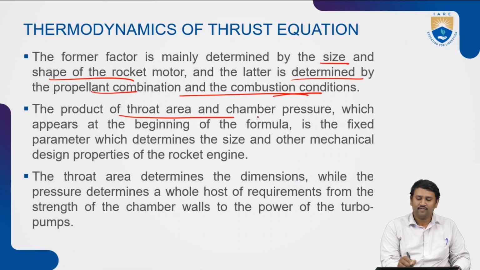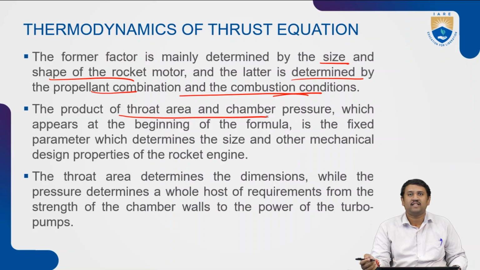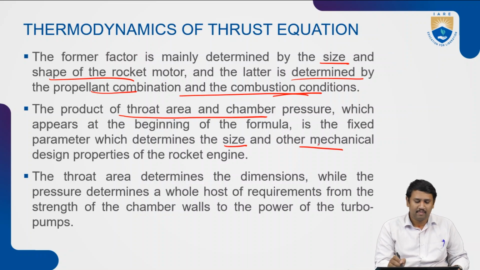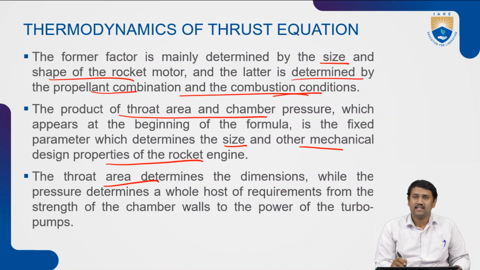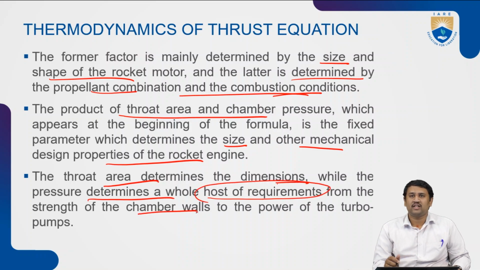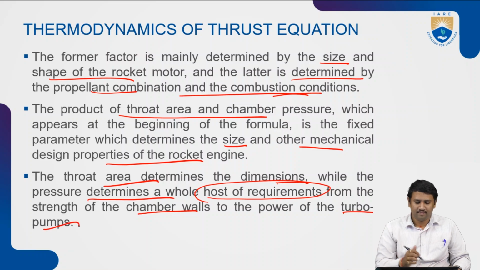Now, the product of throat area and the chamber pressure, which appears at the beginning of the formula, is a fixed parameter which determines the size and other mechanical design properties of the rocket. The throat area determines the dimensions, while the pressure determines a whole host of requirements, from the strength of the chamber walls to the power of the turbo pumps.